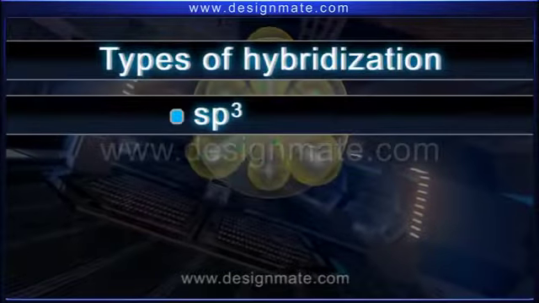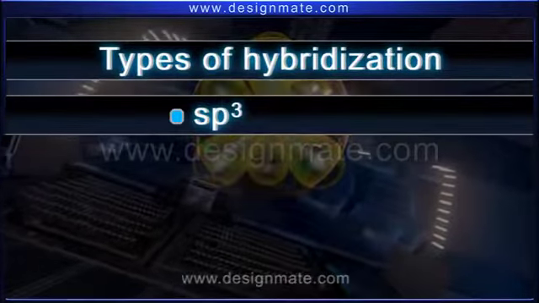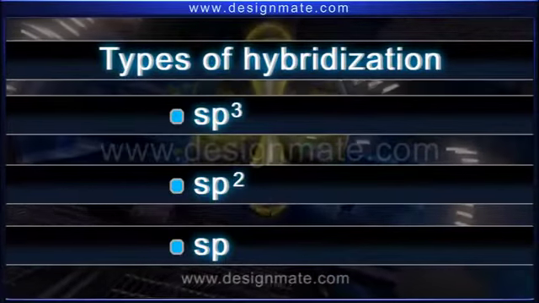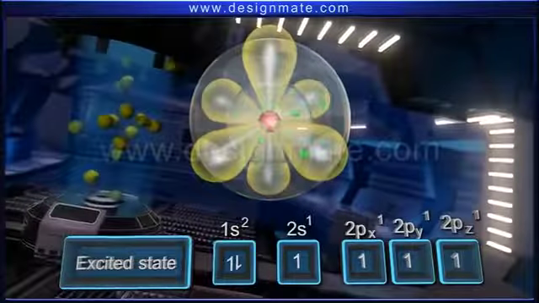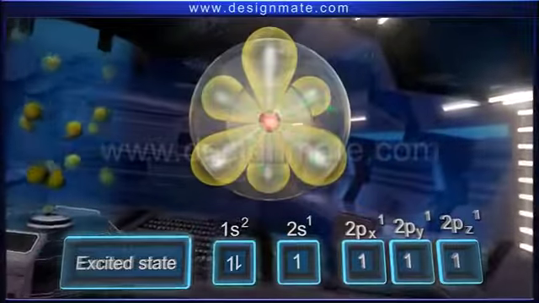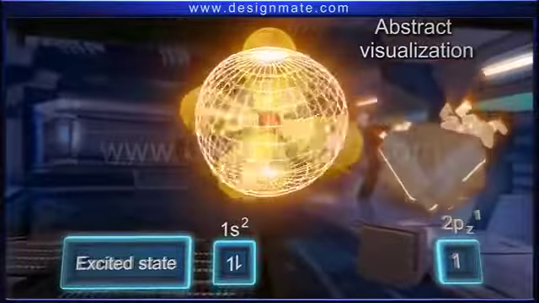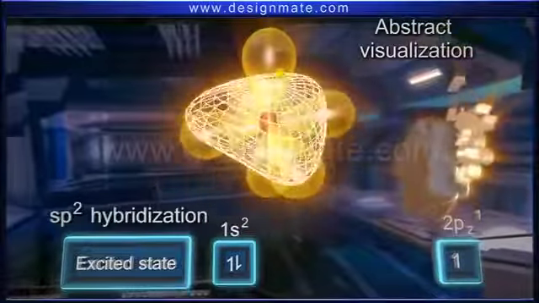Besides sp3 hybridization, the excited carbon atom may also undergo sp2 or sp hybridization. During the formation of a double bond, one 2s and two of the 2p orbitals hybridize. Consequently, this hybridization is termed as sp2 hybridization.